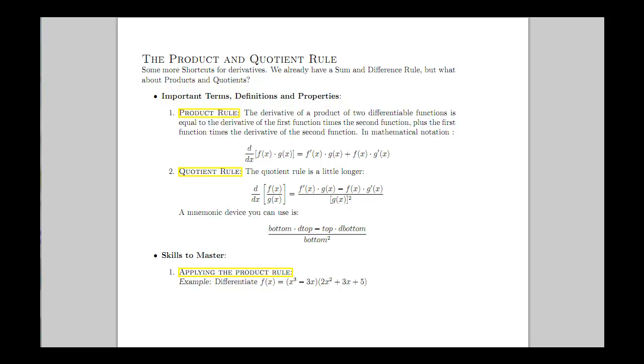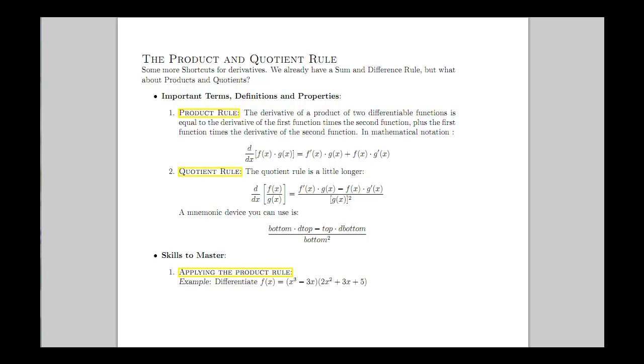If you want to chant this along with me to get it stuck in your head so you won't ever forget it, and believe you me, after I came up with this mnemonic device, I was hearing it in my sleep. Bottom d top minus top d bottom all over bottom squared. Bottom d top minus top d bottom all over bottom squared.